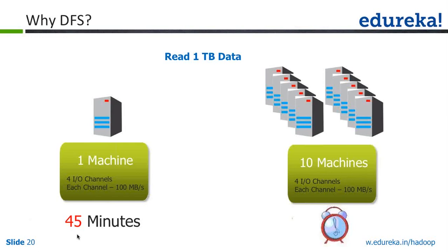Now, if you had to read the same 1 terabyte of data from 10 machines, how much time will it take? Yeah, obviously, it will take 1/10 of that time. So this is the whole idea behind the introduction of a distributed file system, and that is what Hadoop is based on.